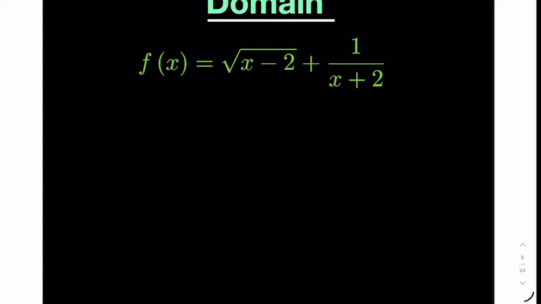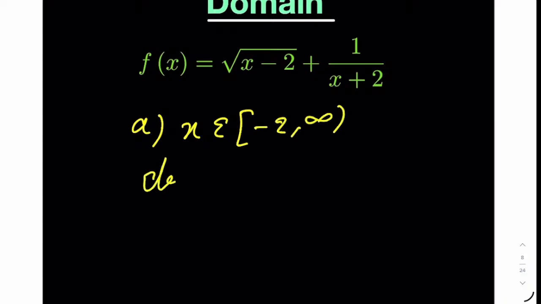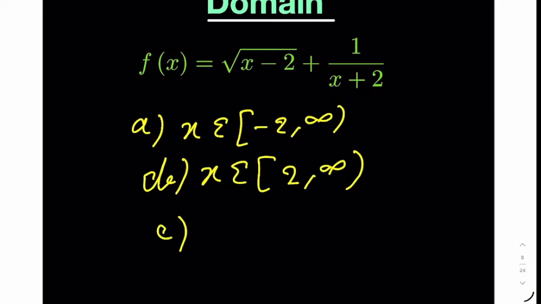First option, x from minus 2 to infinity. Second option, 2 to infinity. Third option, none. So which option is the correct option? Everyone can find the answer and comment it. Which option is the correct option and why?